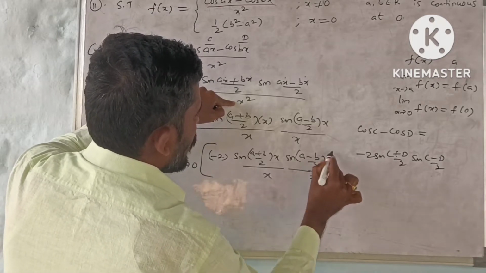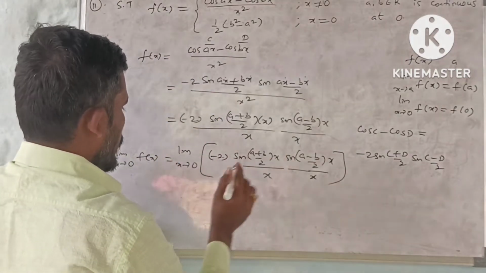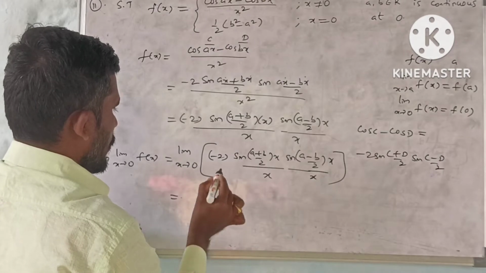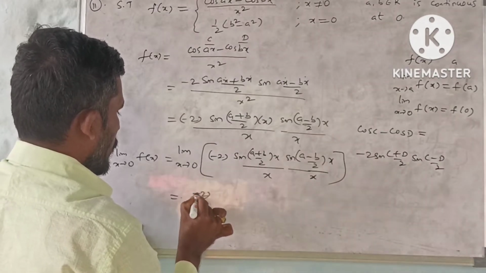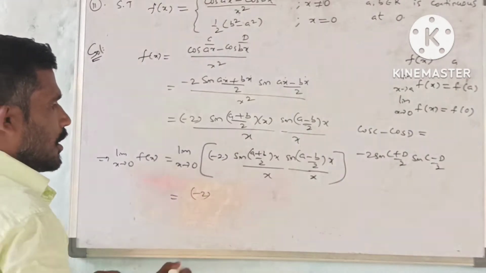The limit of the whole is the limit of each term, so minus 2 is taken out. The limit of a constant term is just the constant.